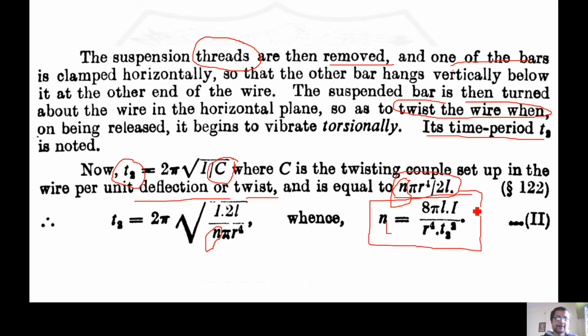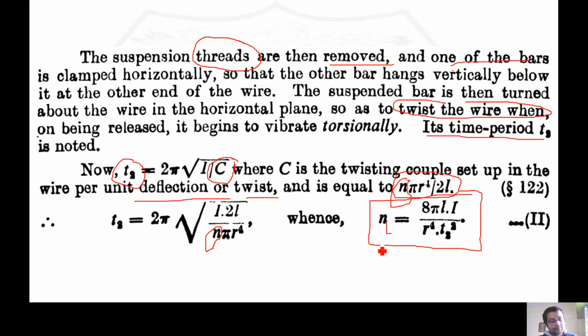So remember how you are suspending these bars. If you suspend the bar and apply the forces perpendicular, then you can compute the Young's modulus. When you apply those forces tangentially along the surface of the wire, the twisting torque being generated comes from shear forces, and the corresponding strain developed is a shear strain.